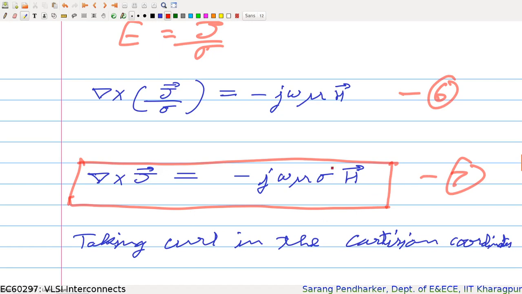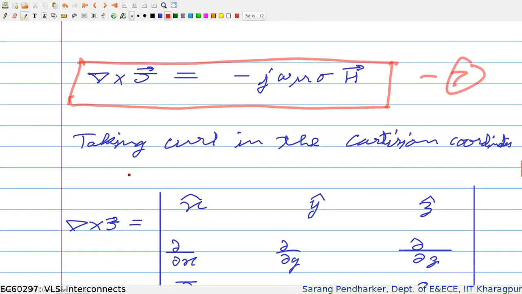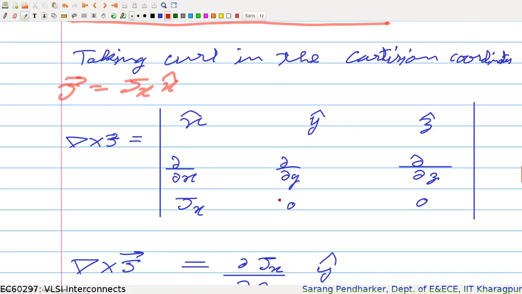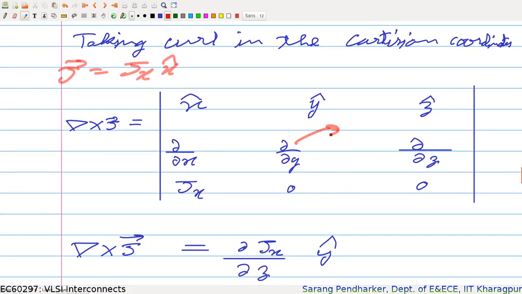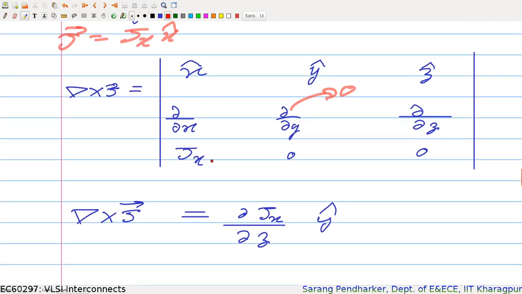Now let us take the curl in the Cartesian coordinate. What we had assumed is that my J is simply Jx x hat. So if I want to take the curl, I will write it like this. Also note that we had assumed that there is no variation along the y direction, so this goes to 0. Now if I solve this, if I want to get the component along x, I will get 0. You can check how to get the determinant.